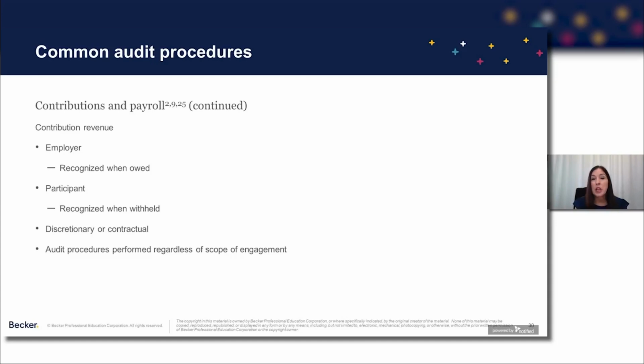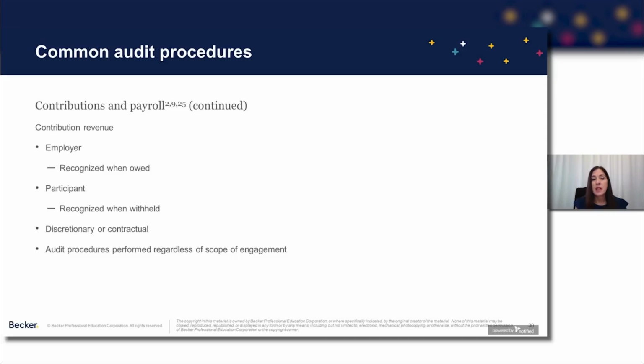With your employer contributions, those are recognized when they are owed to the plan. So for example, if the plan document says that the employer match will be made after every pay period, then they are recognized after every pay period. Whereas the participant contributions are recognized when they are withheld from the participant's wages.